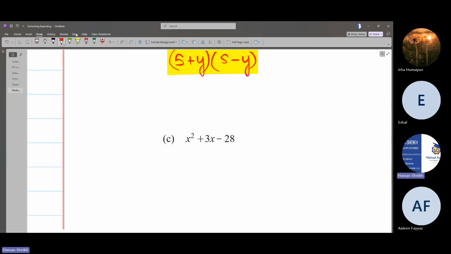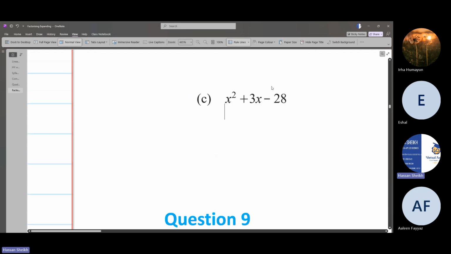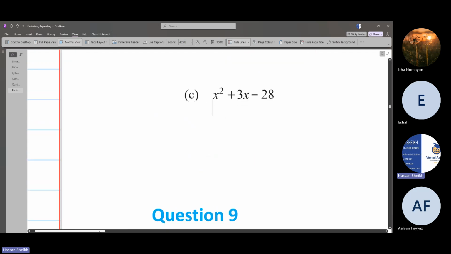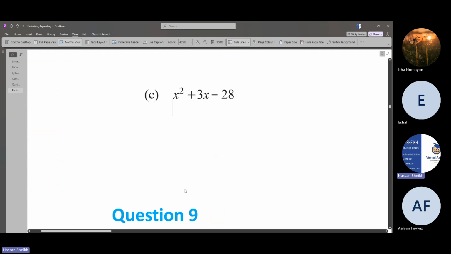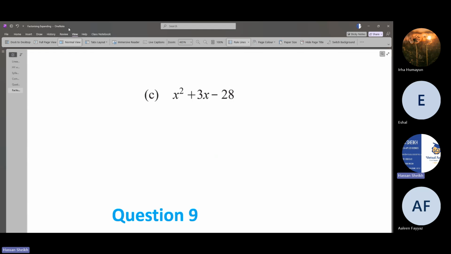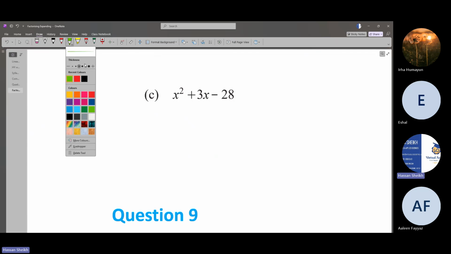Okay, girls, I need your focus here. There are only 2 to 3 steps involved in the middle term break method, which is the factorization method for a quadratic equation or an expression. So first of all, we multiply the coefficient of x squared. What is the coefficient of x squared, by the way? 1.